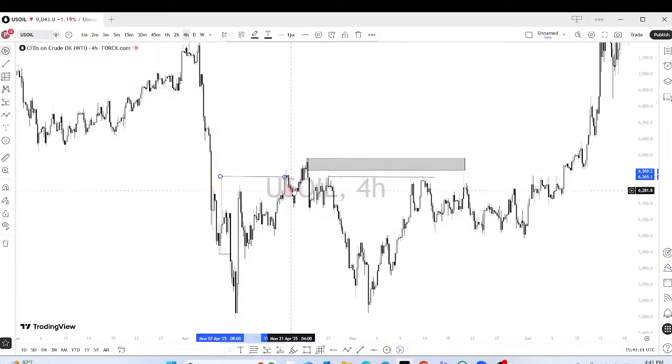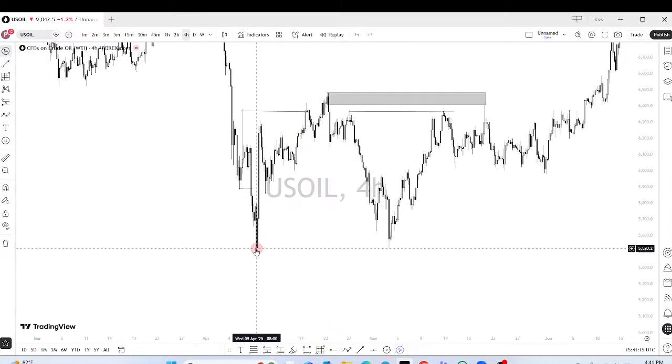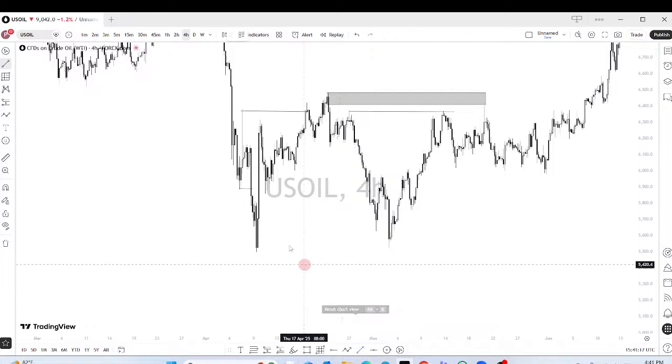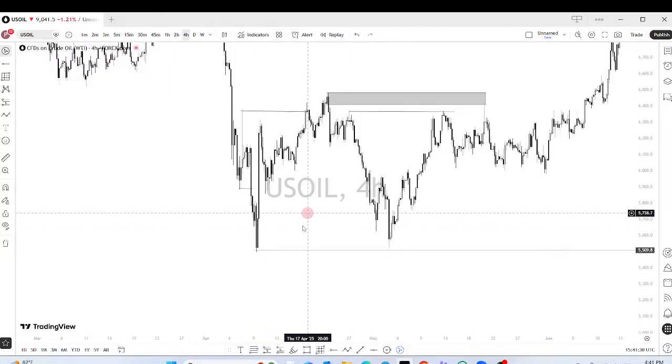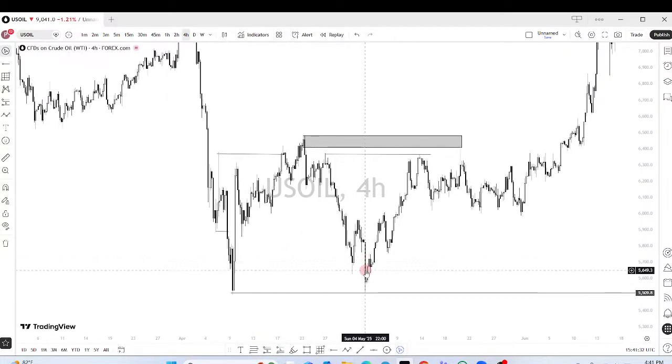So from here to here, we were in the uptrend market. This becomes our low. So for price to continue being in the downtrend, price has to take this low out. But as you can see, this low came, it did not take it out.